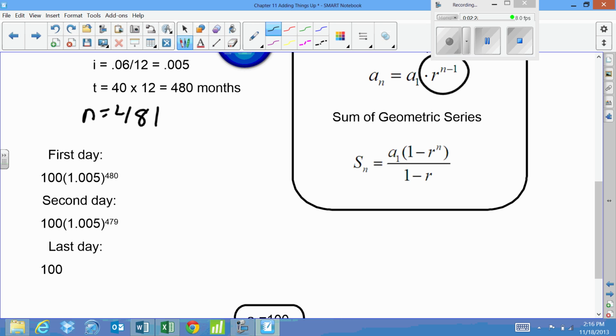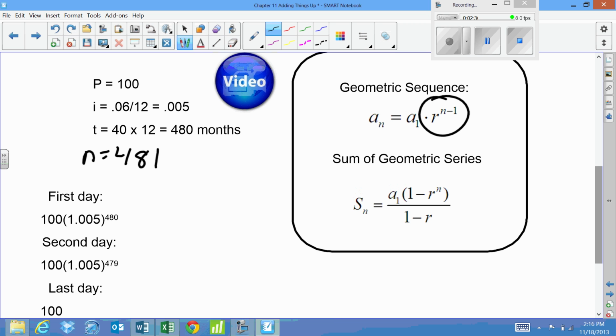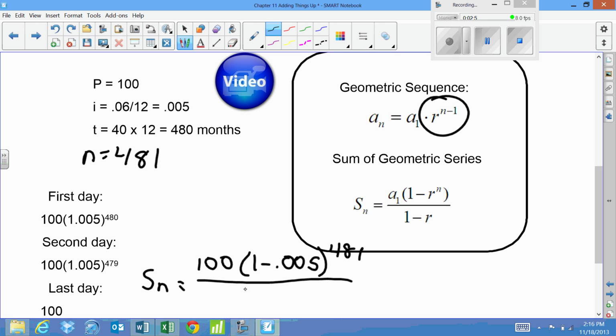Our rate is going to be the 0.005. And our first term is going to be 100 because that's how much we plug in. So you can sum this up. You can go S of n equals, we're going to use our 100 times 1 minus our rate, 0.005, to the n power, which is our 481. We're going to divide that by 1 minus 0.005.